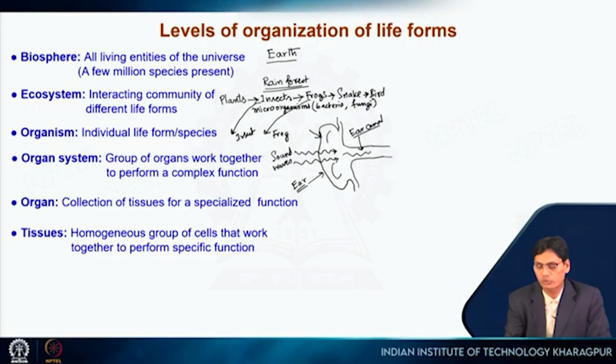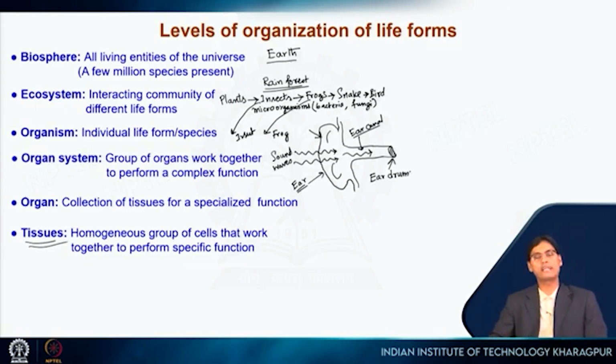Sound wave goes through the ear canal, and then at the end of the ear canal you have a thin membranous tissue. I was telling about tissues, right? We have a thin membranous tissue which is known as the eardrum. It has a specific function, and it has a specific type of cells. For example, when we beat a drum, what happens?